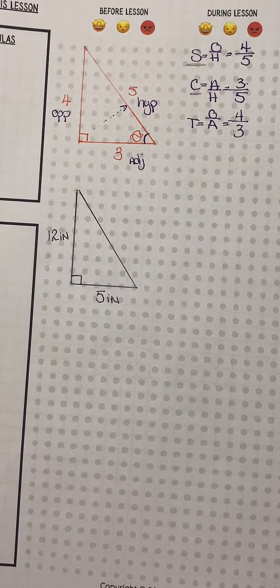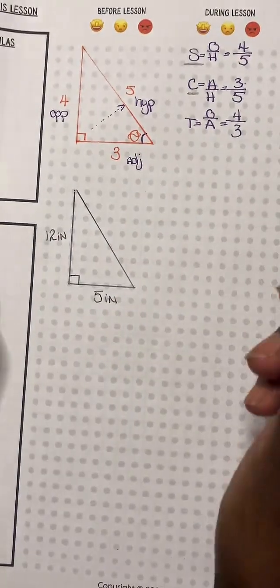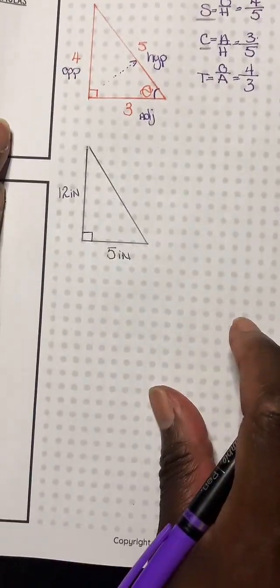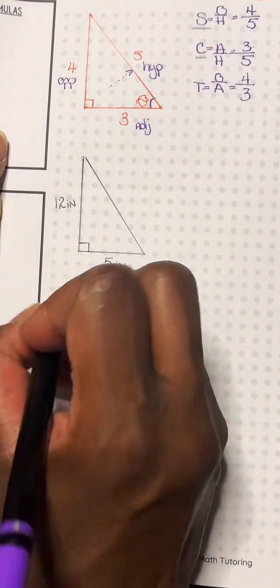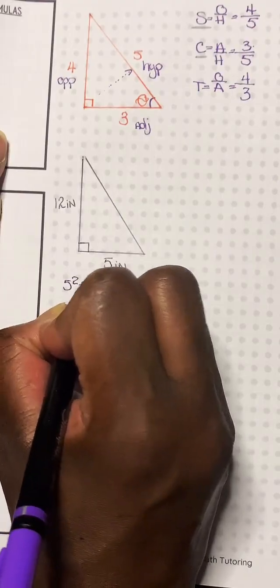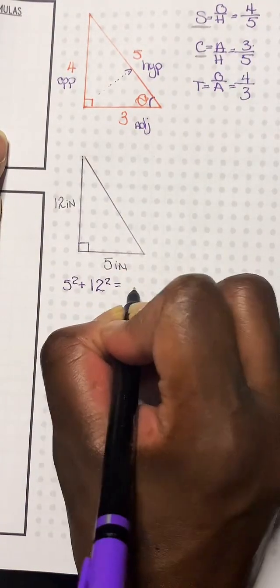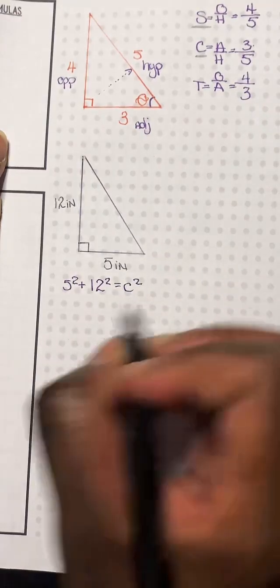Okay. a squared plus b squared equals c squared. Yes, good. So we are going to be doing the Pythagorean theorem. I'm going to take that down here. So I have my 5 squared plus 12 squared equals my unknown squared.